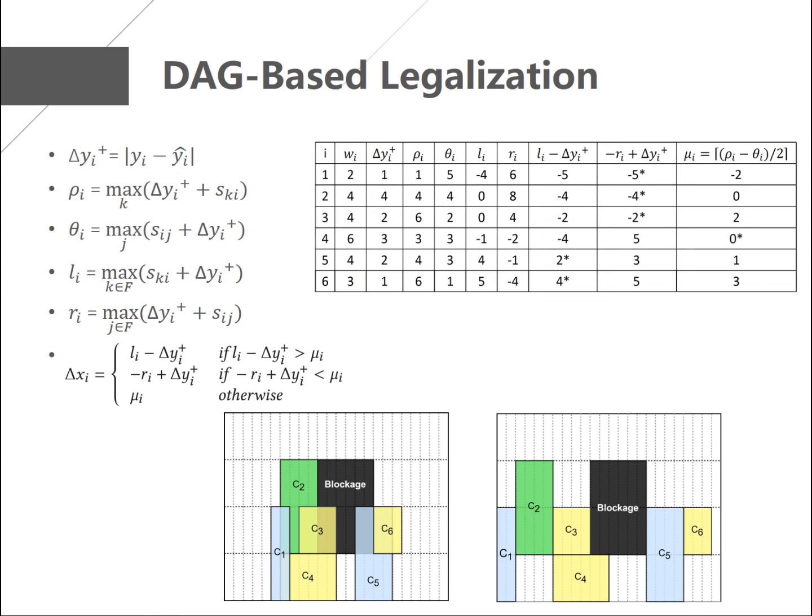After we have the 4 terms for all of the cells, we can obtain each cell's shift amount using this formula. Applying the shift to each cell, we can have a legalized placement with optimal maximum displacement. For detailed proof, please refer to the paper.